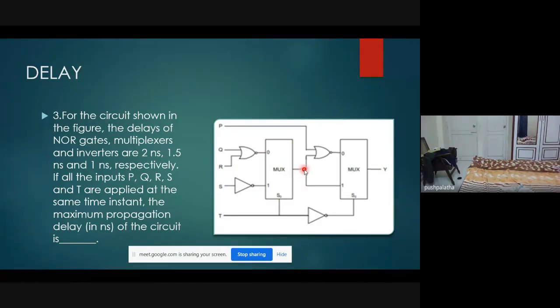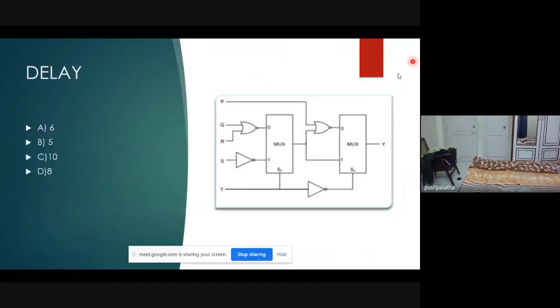Then you take this delay and calculate for the second mux. Not only that, since I have a 1 nanosecond delay in the inverter, I am giving the T value straight away to the first mux and with a 1 nanosecond delay to the second mux. Clear? The options given here are 6, 5, 10, 8. What will be the total output delay, right?